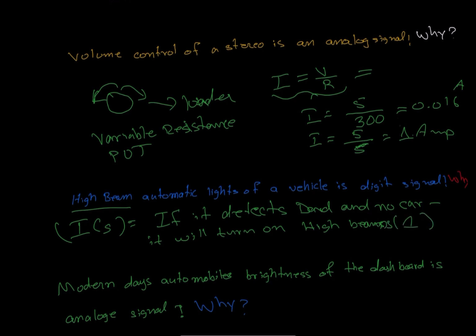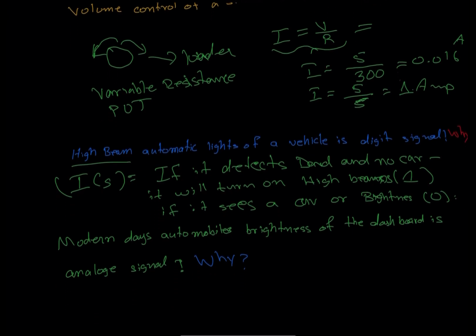But if it sees a car or brightness, it will turn off the light. It will become 0. The light will go off, which is 0 in terms of digital electronics. And the high beam is what is it?